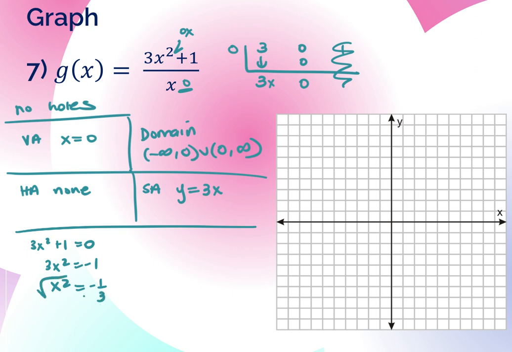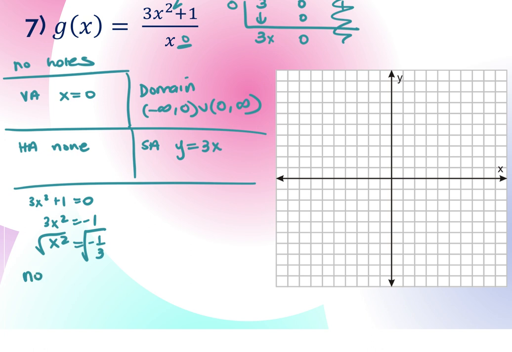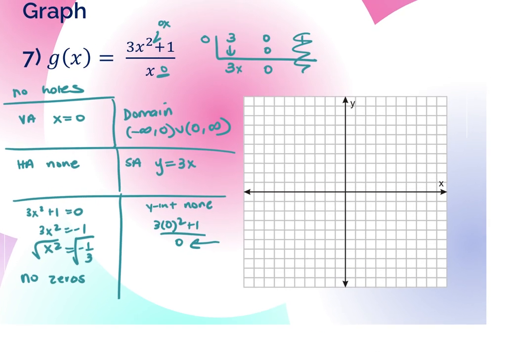And when I go to square root it, there is no real number, so there are no zeros. And if I find my y-intercept, 3 times 0 squared plus 1 over 0, this would be undefined, so there are also no y-intercepts.